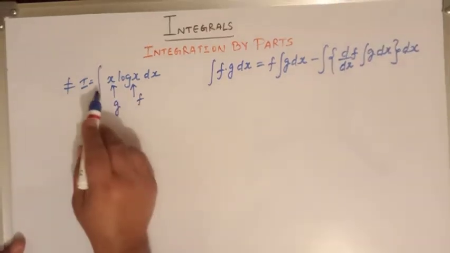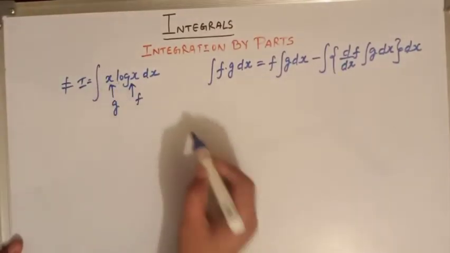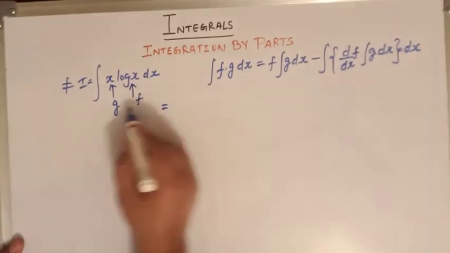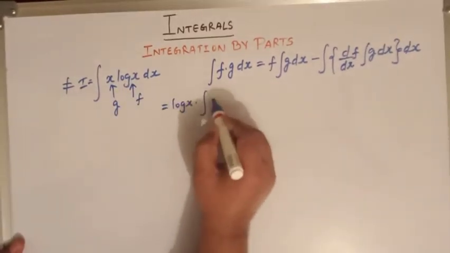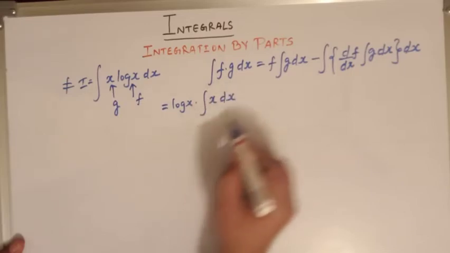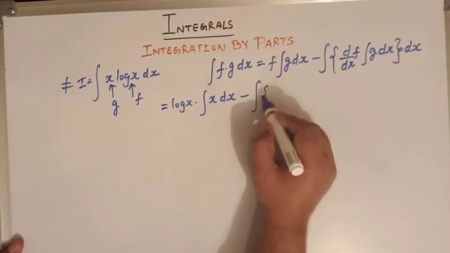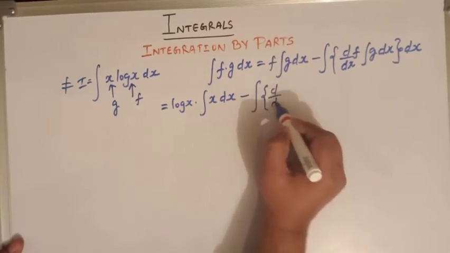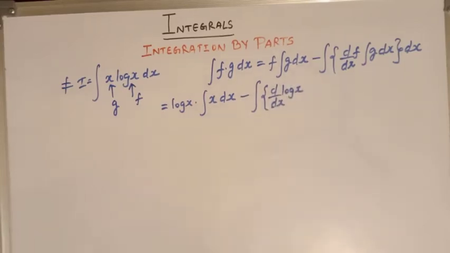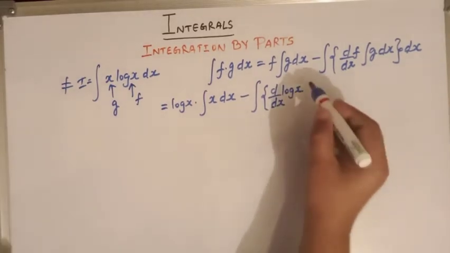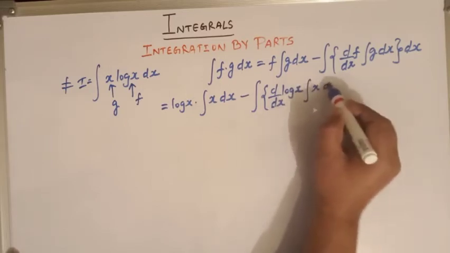Now let us apply this rule to this integral. So here f is log x, so we have log x, then the integral of x, minus the integral of the derivative of log x times the integral of x.